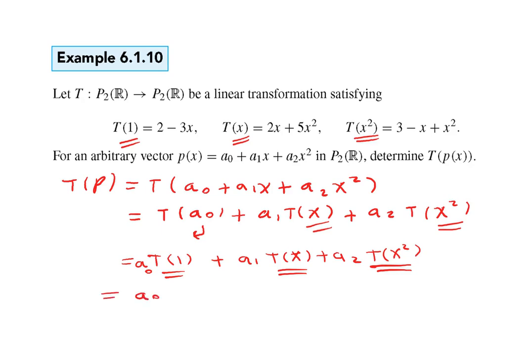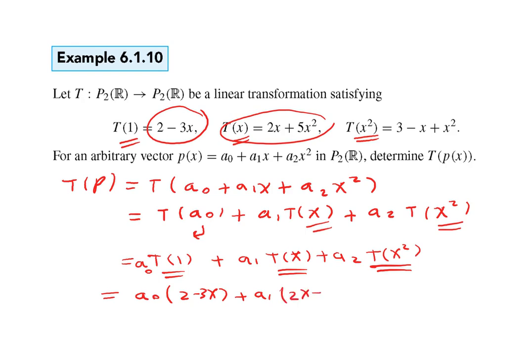That's going to be a sub 0 times what is T of 1. Up here it says 2 minus 3x. A sub 1 multiplied by T of x, which is up here, and that is 2x plus 5x to the second, and a sub 2 multiplied by T of x to the second, defined as 3 minus x plus x to the second.